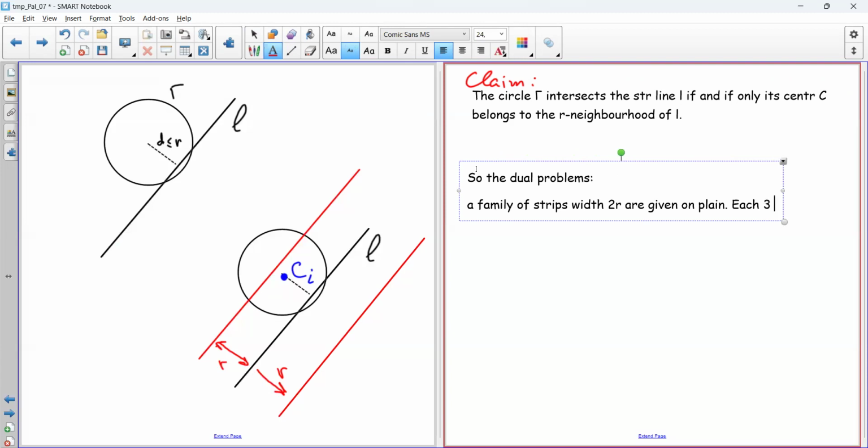Each three contain a common point. Show that all of them have a common point.